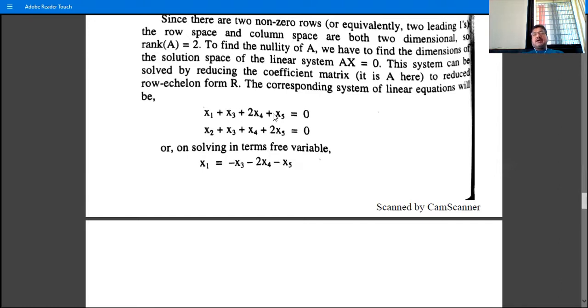If you assign 2 unknowns, nullity is 2. If you assign 1 unknown, nullity is 1. And if you assign no variable, that is, the number of equations is equal to the number of unknowns, then the nullity of the matrix is 0.